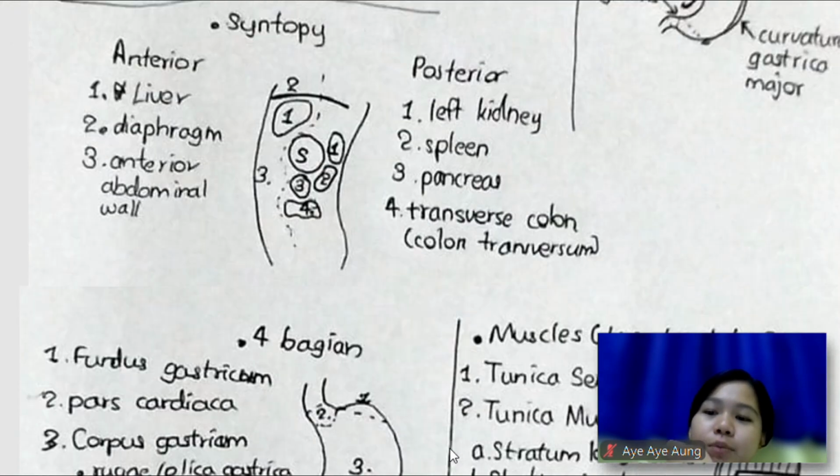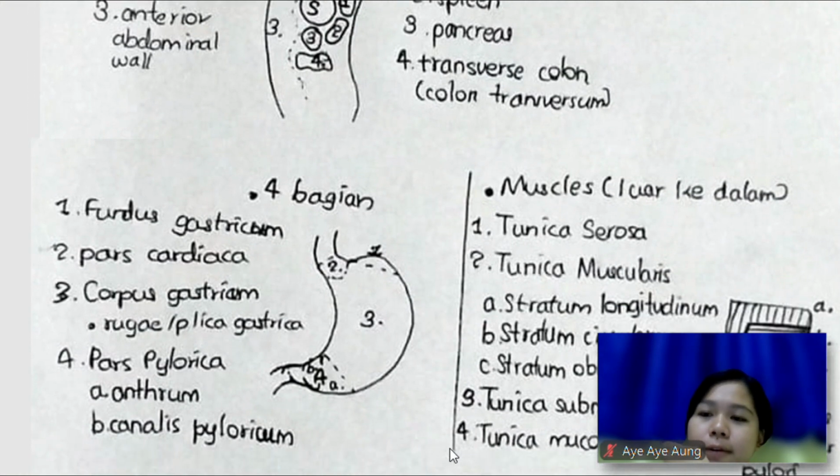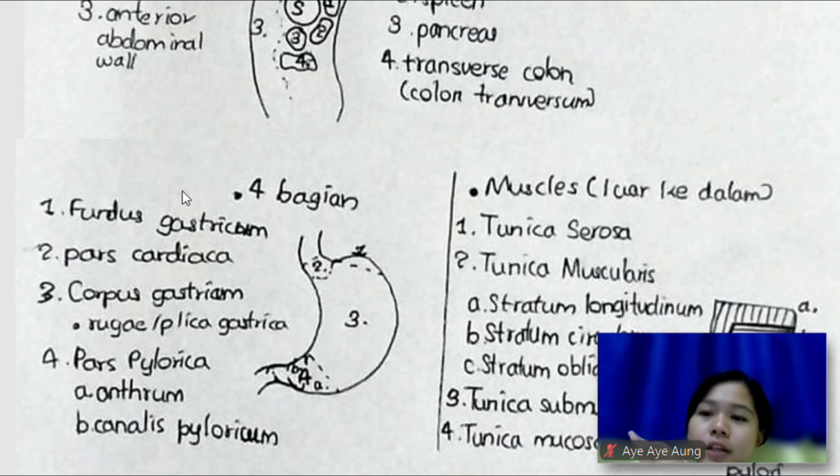After that, we can move on to the parts of the stomach. The stomach can be divided into four parts, which is the fundus gastricum, and then pars cardiaca, and then corpus gastricum, which has rugae or plica gastrica inside, and also pars pylorica.